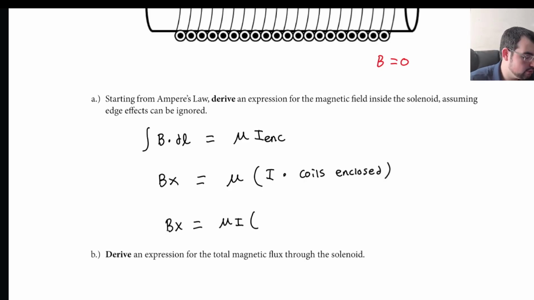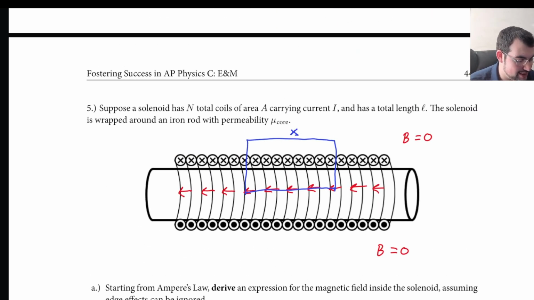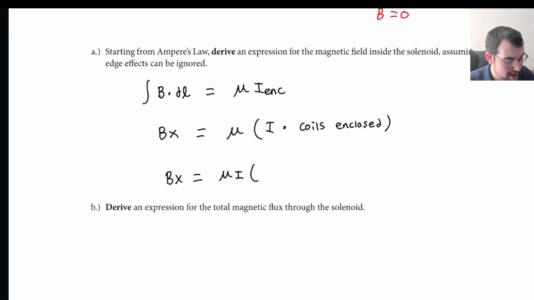So we can find the coils enclosed by saying there are capital N coils over a full length little l. So that's my sort of current or coil density. This is the coils per unit length, and then I just multiply it by the enclosed length.